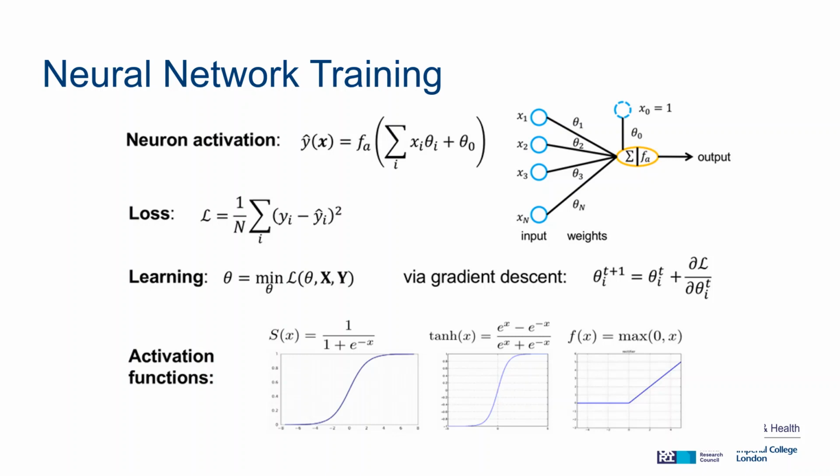And our goal is to minimize the loss with respect to theta, and we do this via our gradient descent function. As I mentioned, iteratively updating the parameter weights based on the derivative of the loss with respect to the parameters. And here are a few examples of different activation functions.